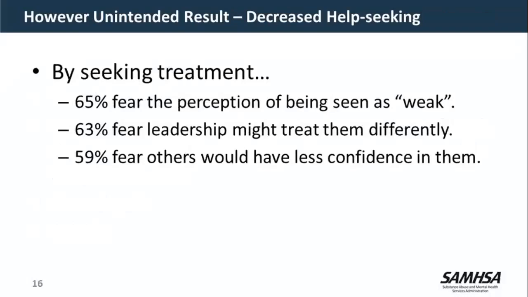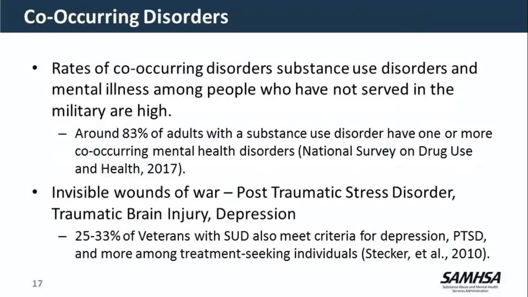Service members and veterans have said that by seeking treatment, they fear being seen as weak, they fear that leadership might treat them differently, or fear that others might have less confidence in their abilities. And so as a result, we do see high rates of co-occurring disorders among veterans.